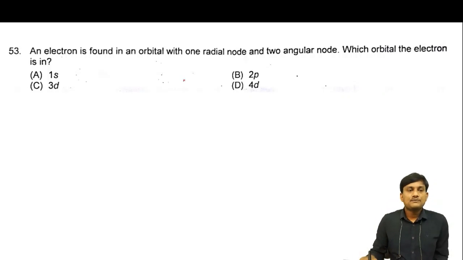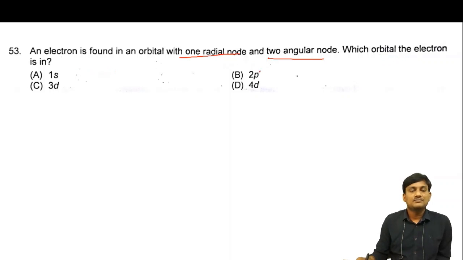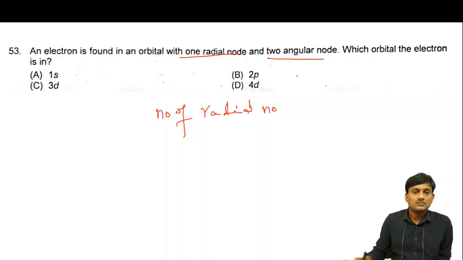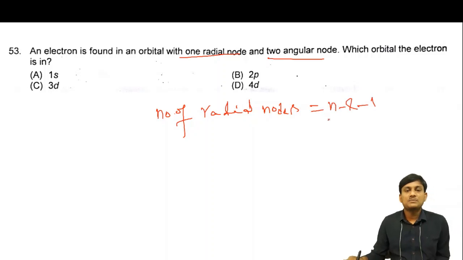An electron is found in an orbital with one radial node and two angular nodes. Which orbital is the electron in? Here, the number of radial nodes is equal to n minus L minus 1, where n is the principal quantum number and L is the azimuthal quantum number.